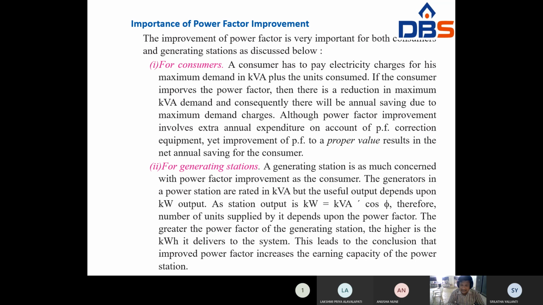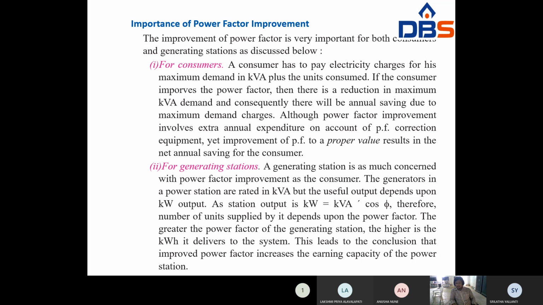a generating station is as much concerned with power factor improvement as the consumer. The generators in a power station are rated in kVA, but the useful output depends upon the kilowatt. The station output kilowatt is equal to kVA times cos phi, because cos phi is equal to kilowatt by kVA, active power by apparent power.